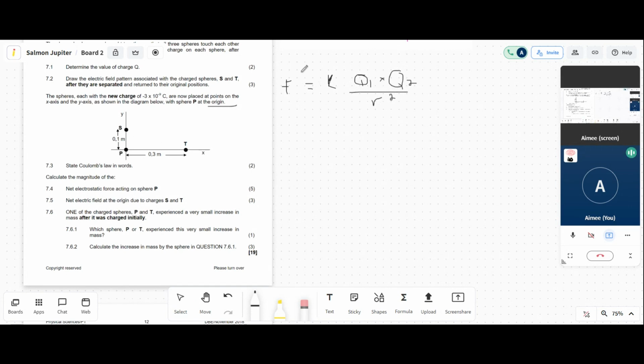Now we basically just use this formula to calculate our net electrostatic force between P and T, and our net electrostatic force between S and P.